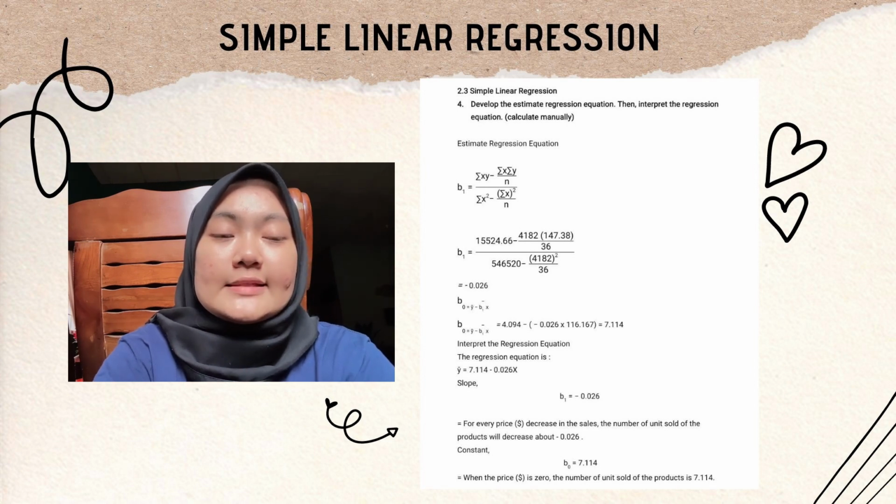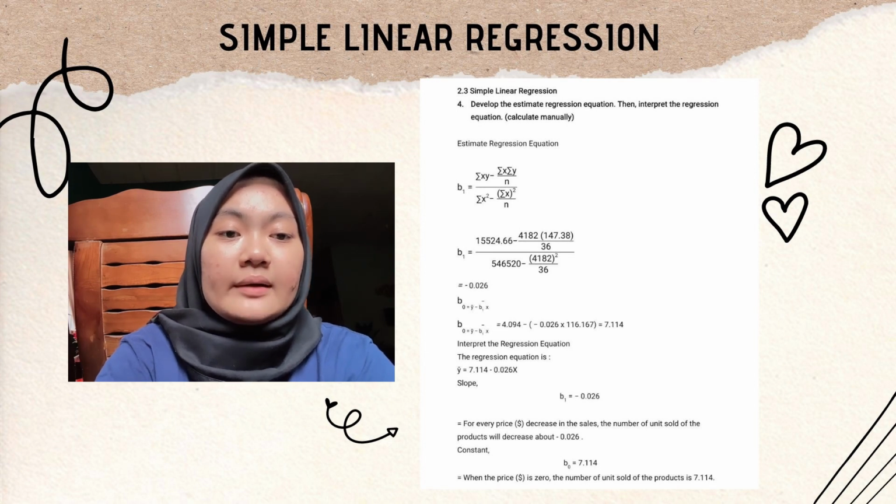The formula is B1 equals sum of xy minus sum of x times sum of y per n, over sum of x square minus sum of x squared per n.